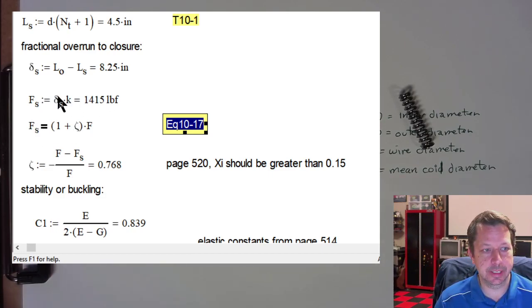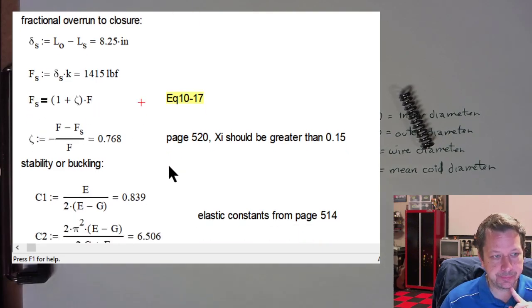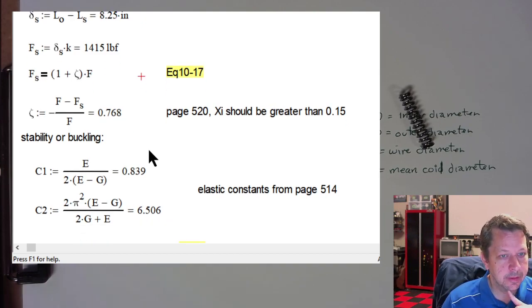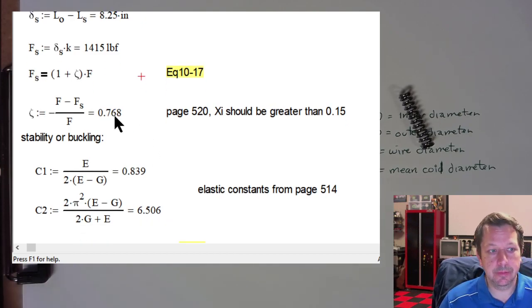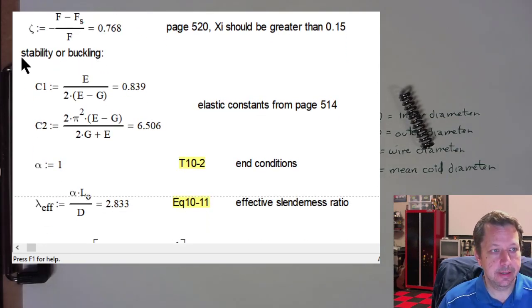We solved for the force at solid another way, and then backed out the value for xi. So this is just solving that equation for xi. This one's not in your book, it's just solving that equation. Okay, so we're good. We have 0.77 and we have to be greater than 0.15. So that looks good.